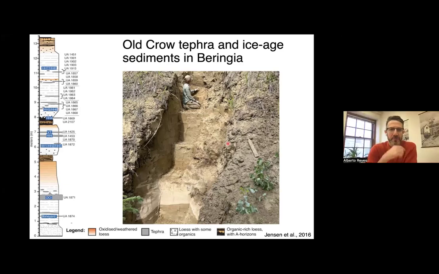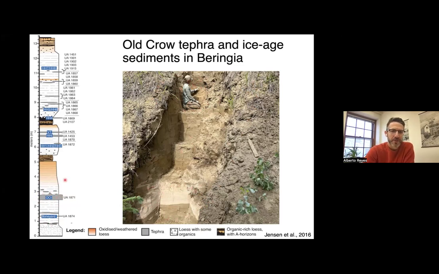And just to belabor the point one more time, and to highlight the utility of the tephra in this part of the world, here's Old Crow tephra at Halfway House in the Fairbanks region. That's this section here. Here's Britta Jensen for scale. And so Old Crow tephra is right here. It's the thickest of the bunch. And she's pointing her trowel at the base of the last interglacial.